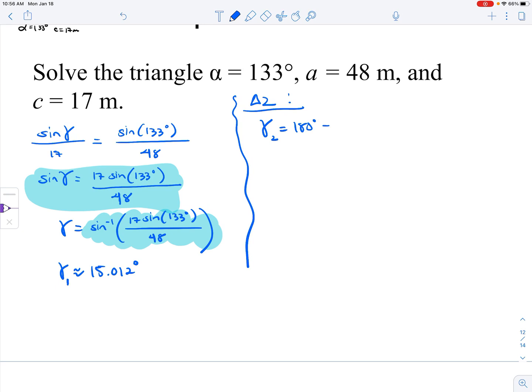gamma sub 2, which would be gamma from the second triangle, would be 180 degrees minus that gamma from the first triangle. And here's where you would want to store into your calculator. So you hit the store button, or you've already typed in inverse sine of 17 of sine of 133 degrees over 48, hit enter, and you have the approximation in your calculator.